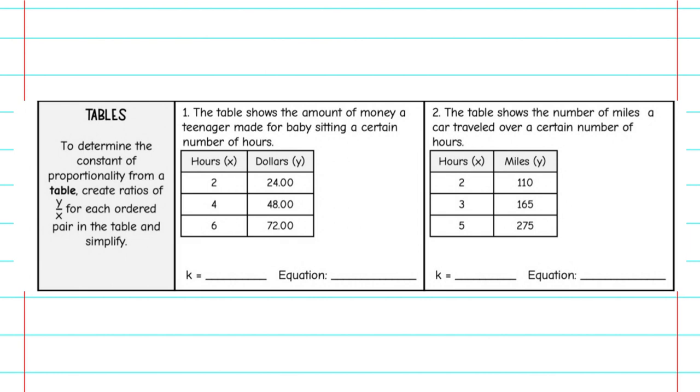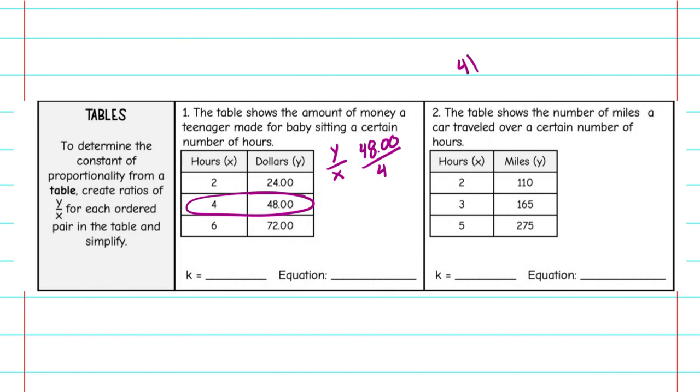So we're going to just pick any part of the table. We know we do y over x, so we have $48 over 4. Now we need to simplify.